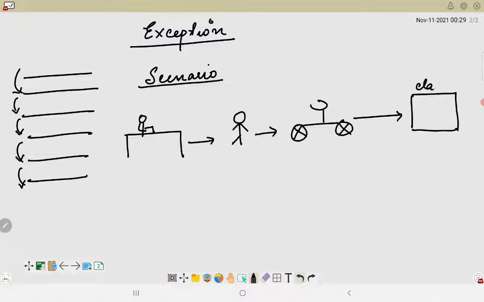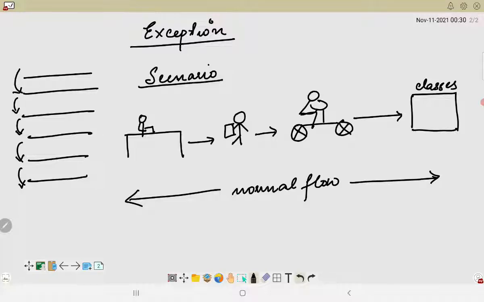So this student wakes up in the morning and gets ready, which means he takes his bag and gets ready with all his activities in the morning, and then he takes a bike ride or a cycle ride to the college or to his classes. This is the normal flow of that student's life, of his day-to-day activities.